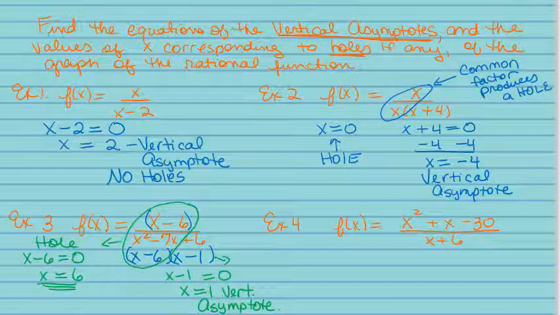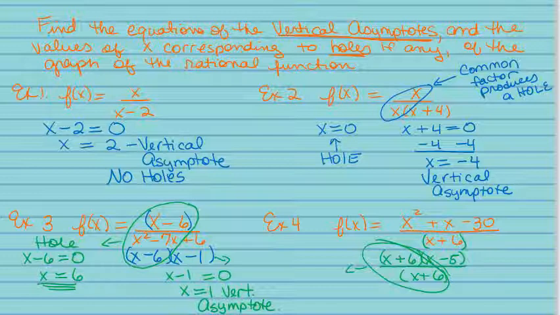Okay, last one. Again, the denominator does not need to be factored, but the numerator does. So I will go ahead and factor the numerator. Stop the video if you need help factoring. And if we look, that's going to produce a hole.